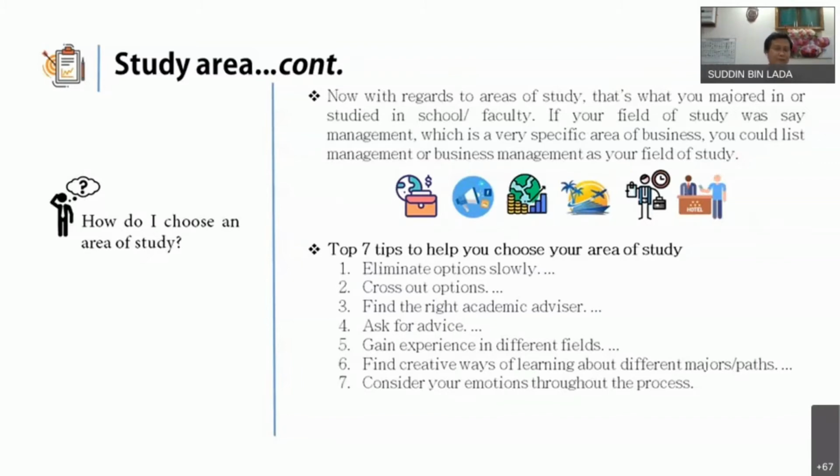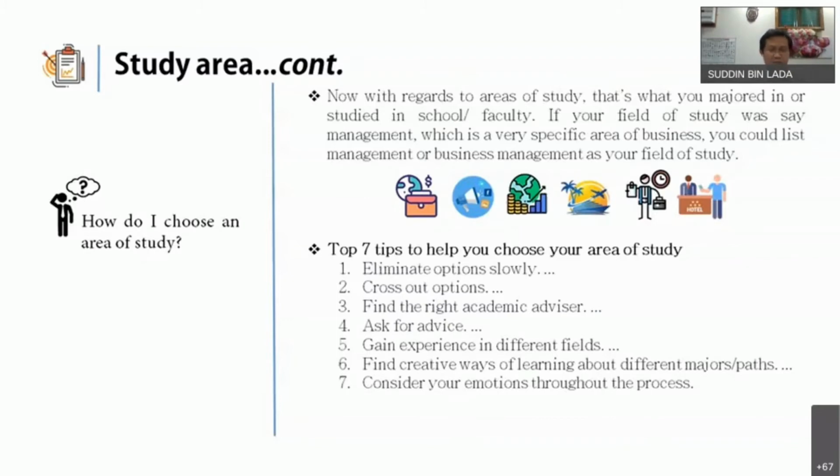Number 2, even though you try to eliminate some options, you also need to cross out options, because from my experience conducting research and writing a PhD thesis, it is always continuous. Even if you already eliminated an option, sometimes you take it out and put it into your final list. Please remember that.